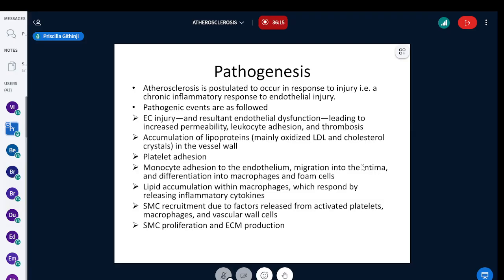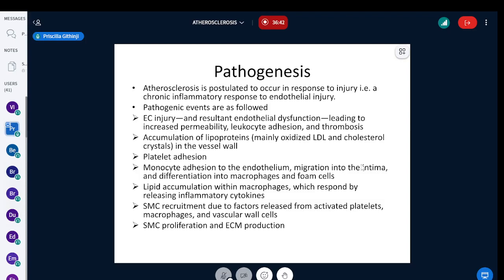Remember these lipids are within your blood. So blood transports all sorts of substances. One of them is lipids. So when you have endothelial dysfunction, these lipids are now leaking from the blood vessel lumen into the wall of this blood vessel.